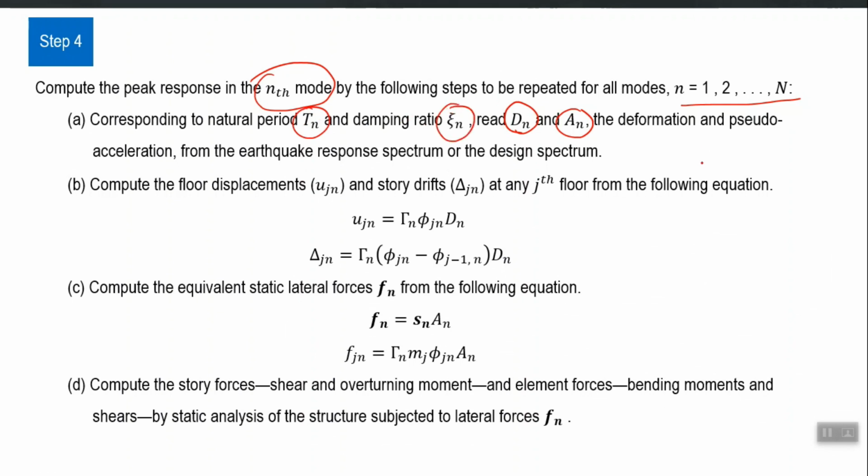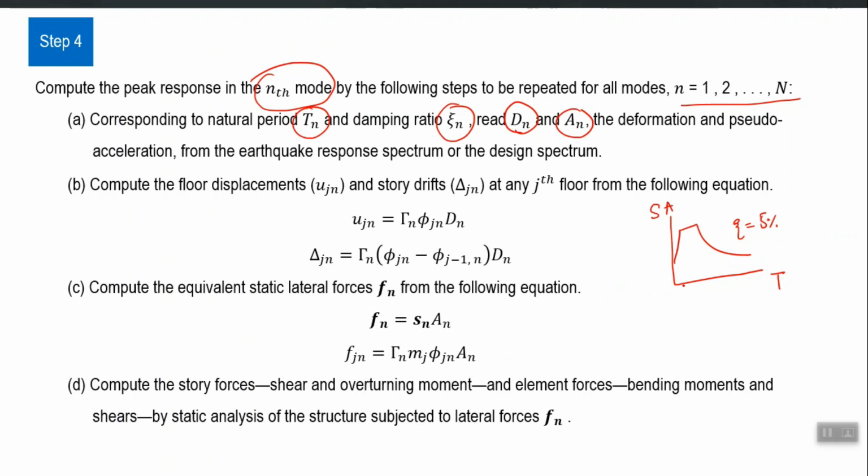The code equation is by default for 5% damping, right. So let's say that you plotted that code expression, spectral acceleration versus time period, and the equation is by default for xi equal to 5%. Then if you want to plot it for some other damping, there are empirical equations to modify this spectrum, obviously empirical factors.